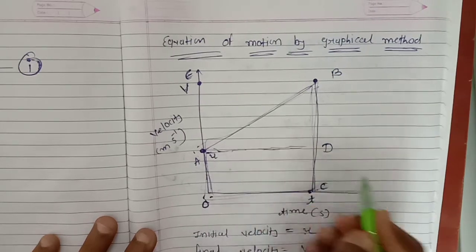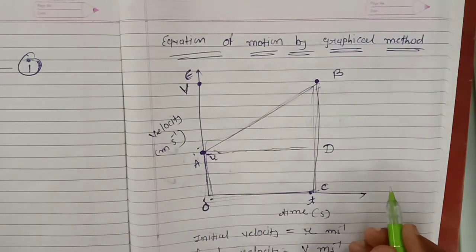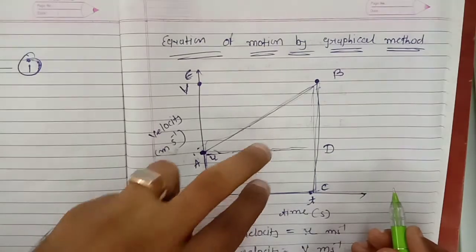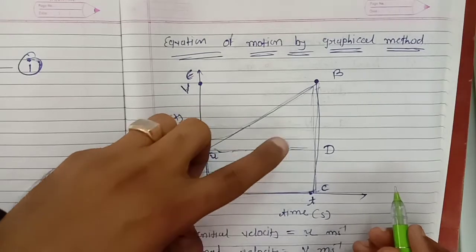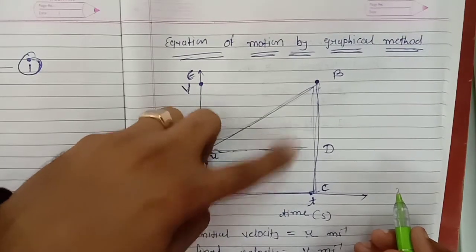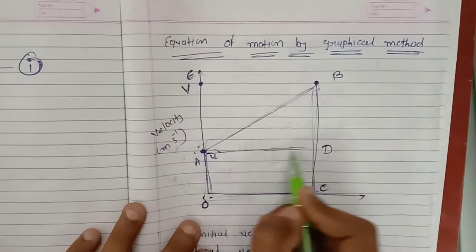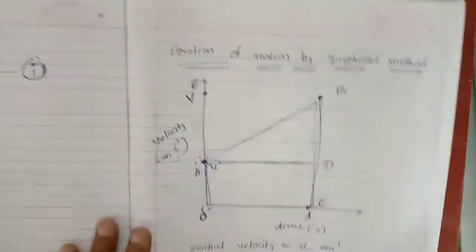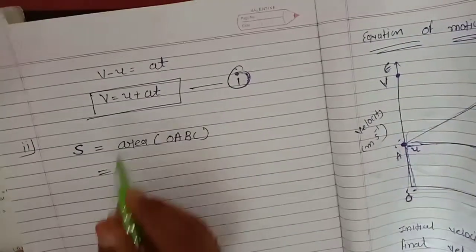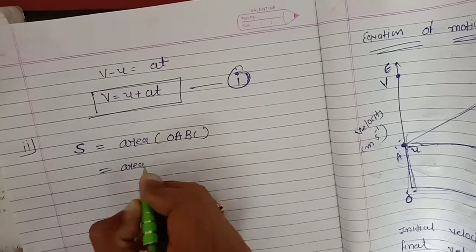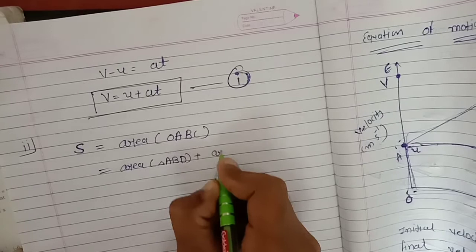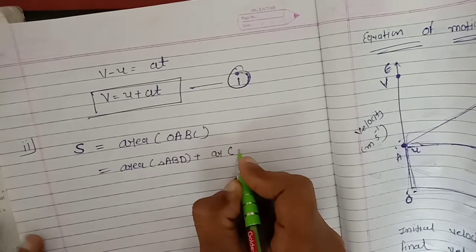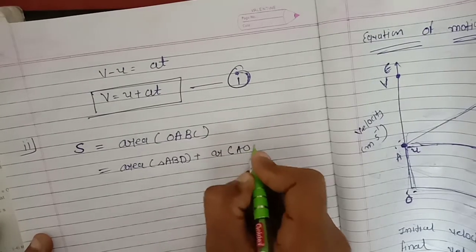I can find the area of the trapezium using the formula, or I can divide this trapezium into a triangle and a rectangle. So first I divide it into a triangle and a rectangle. This triangle is A, B and D. Area of triangle ABD plus area of rectangle AOCD.